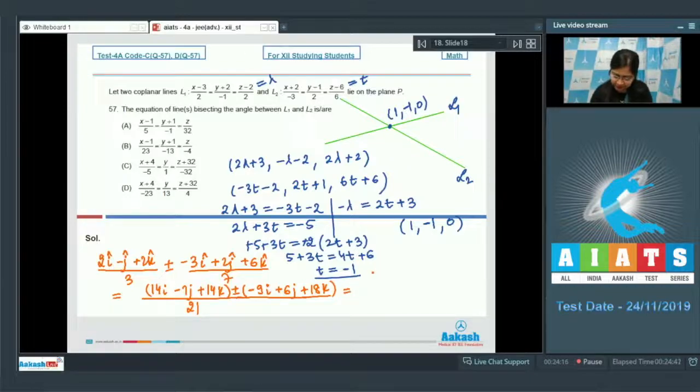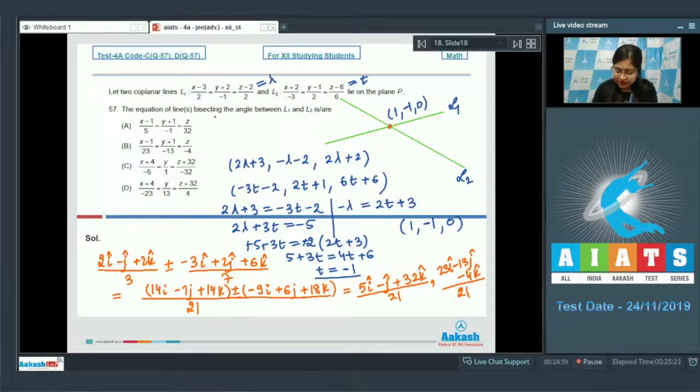So this is equal to, taking plus sign, 14 minus 9, that is 5i cap, minus j cap, 14 plus 18, that is plus 32k cap, divided by 21, or it will be along, taking minus sign, 14 plus 9, that is 23i cap, minus 13j cap, minus 4k cap, divided by 21. So the vectors will be along these, and we have the point of intersection.